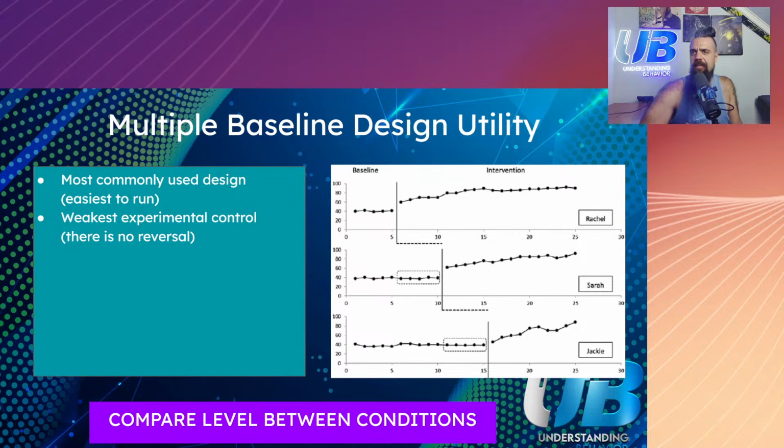As far as experimental control, though, this is our weakest form of experimental control out of all of our designs. Withdrawal is really strong experimental control, where we show those really clean removals and additions of IVs. Alternating treatments design is just slightly above that, because we're not usually doing clean removals of our IVs, but we remove and replace.